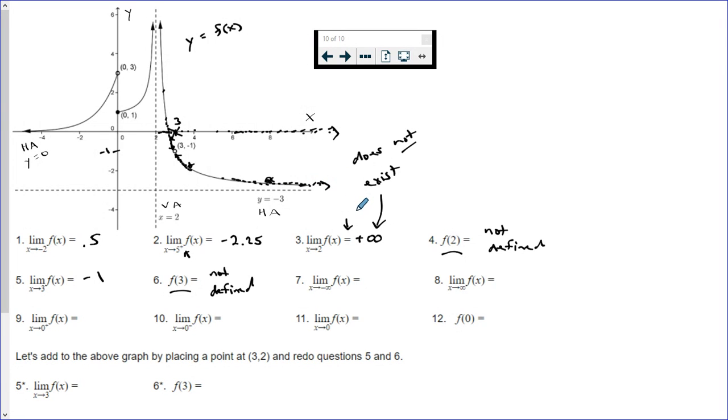Since there's a horizontal asymptote, we know that the bigger we make x, the closer we'll get to that asymptote, which is a y value of -3. And so we would get -3 there. If there was no asymptote, if it was just going down forever, then the limit buggy would go down forever. He would approach negative infinity, which would be a fancy, descriptive way of saying does not exist.